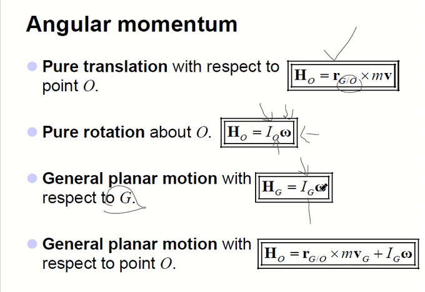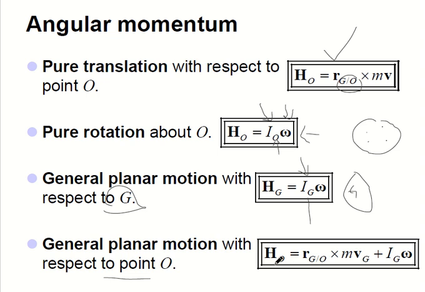And then, of course, times your angular velocity. For your general planar motion, now we're going to switch to any point in the system, not only the point at the center, G. So now at point O, we will do the same thing as we did here.